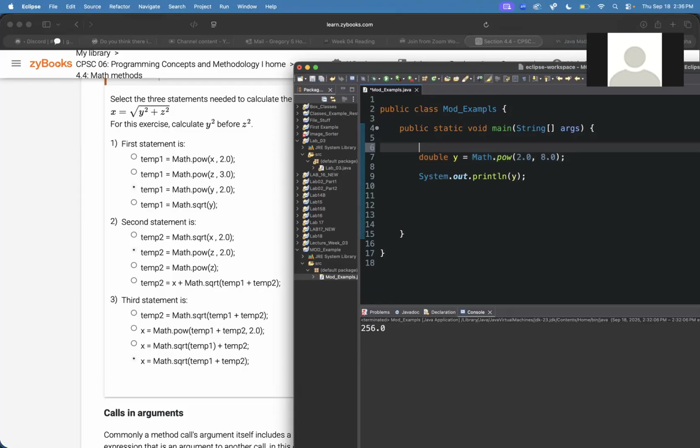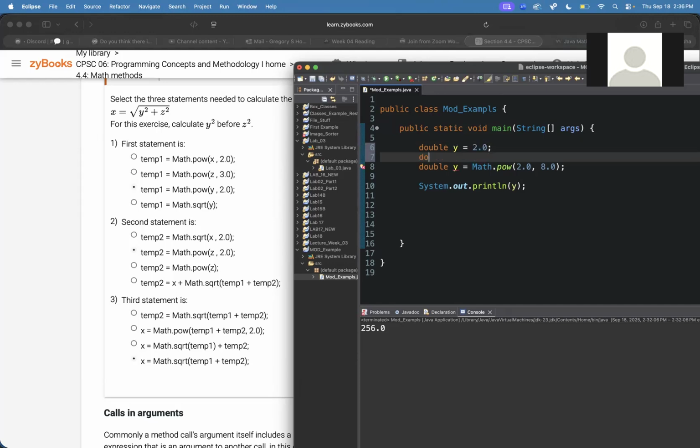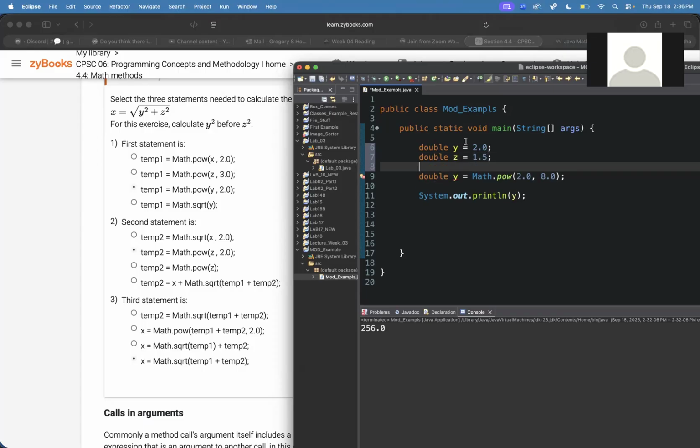So let's just say these have to have values, right? So I'm going to say double y equals 2.0. I'm just putting in numbers so that the variables exist. Doesn't matter what they are.